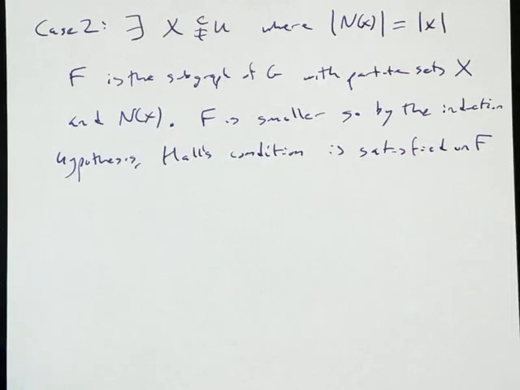What does it mean for Hall's condition to be satisfied on this new graph? The vertices in the neighborhood. Then, that's an if. What's the then?